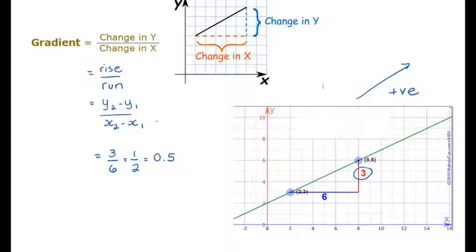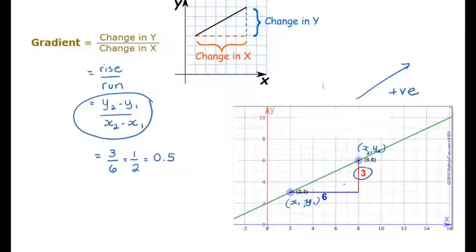So let's have a look at that using this rule here. If I call this one my second point, that's going to be y2, and the 8 is x2. And if this is my first point, so I always go from left to right, my first point is x1, y1.